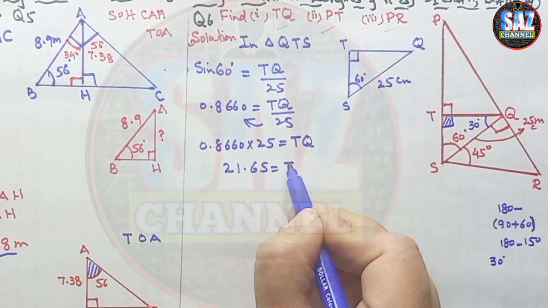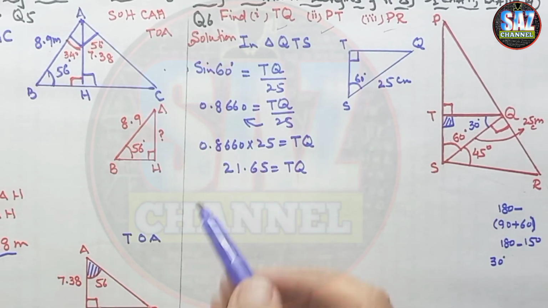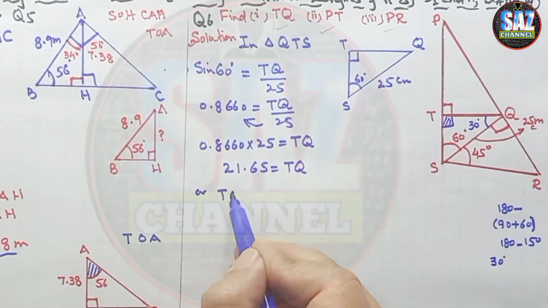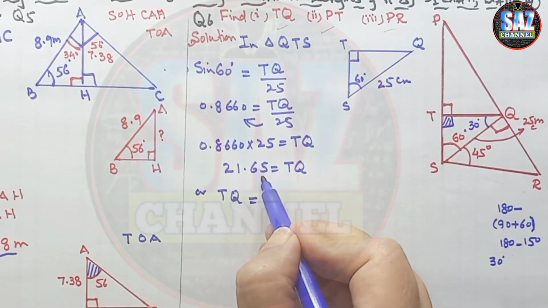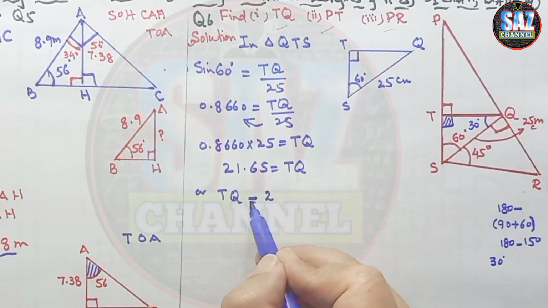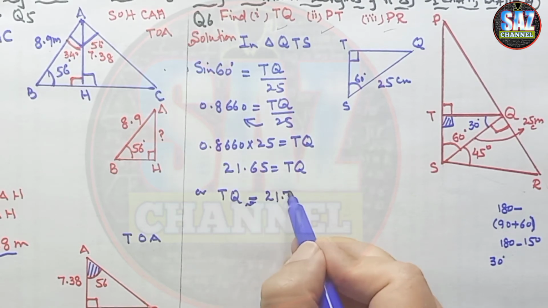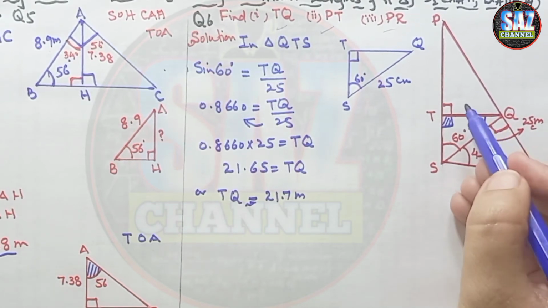21.65 equals TQ. As we have to give our answer to three significant figures, TQ can be taken as 21.65. Now, as the fourth digit is 5, it can be 21.7 meters. Okay, so we have the base 21.7 meters.